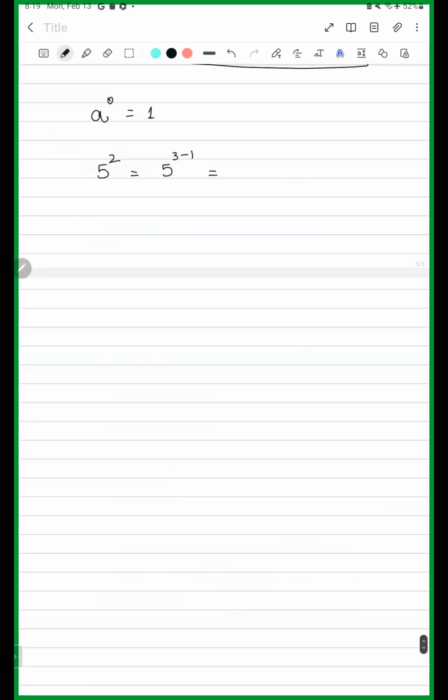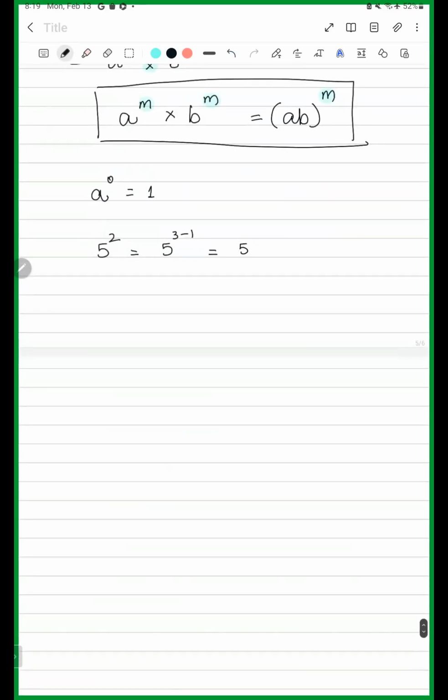So this is equal to 5 to the power 3 divided by 5 to the power 1. Okay. Similarly, 5 to the power 1. What is 5 to the power 1? That is equal to 5. 5 to the power 2 divided by 5 to the power 1. But how is it 2?